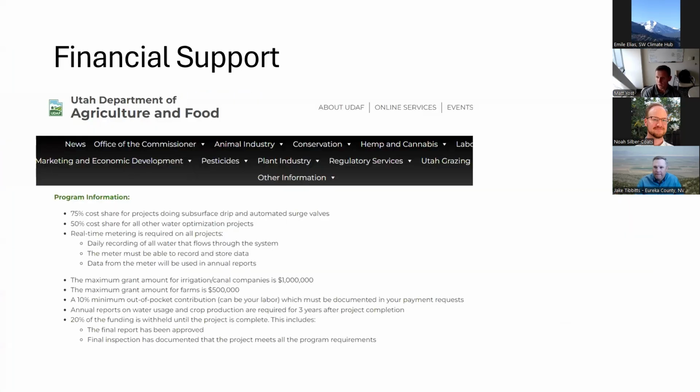In terms of financial support, our state has invested over $275 million towards what we call water optimization projects. A large chunk of this is going to cost share, where they'll pay 50 to 75% of the cost to change an irrigation system.